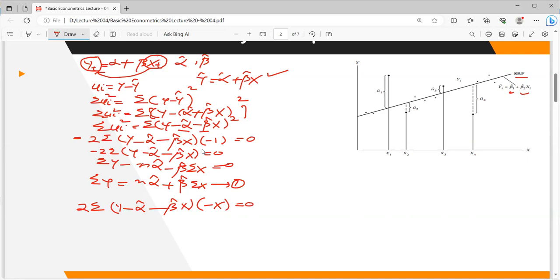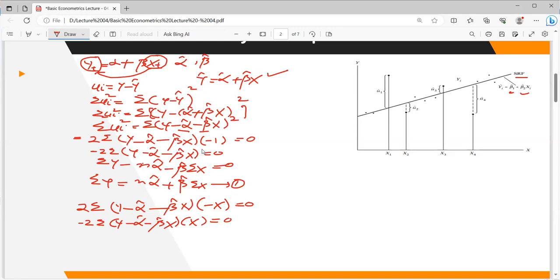So we can write it as minus 2 summation of (y minus alpha hat minus beta hat x) into x is equal to 0, by dividing with minus 2 on both sides.